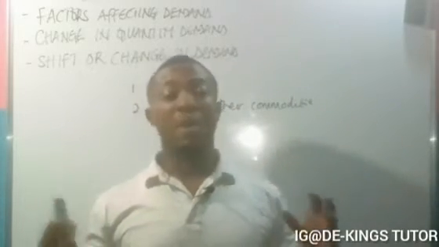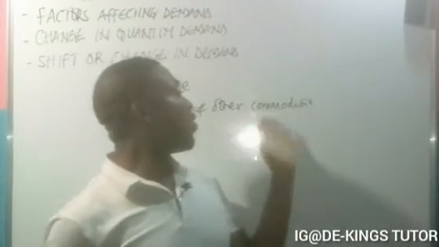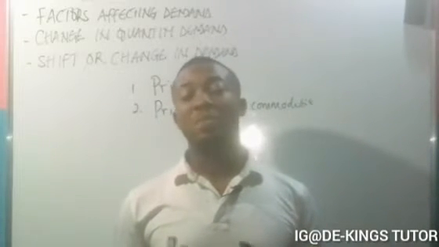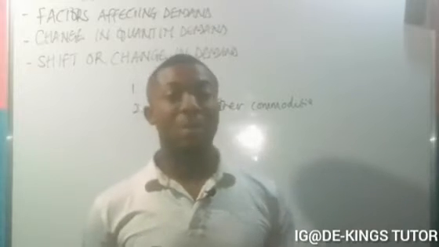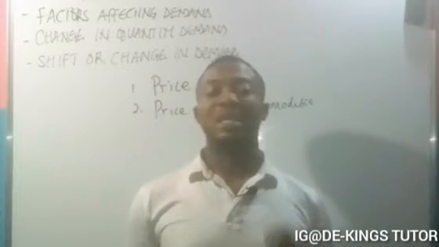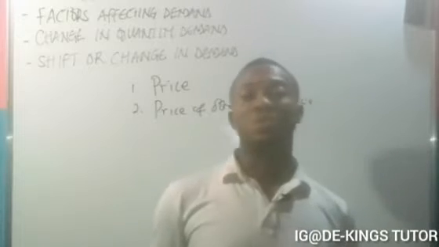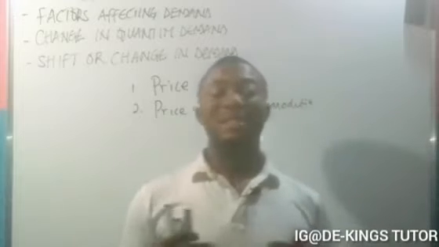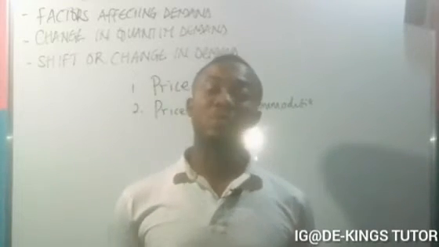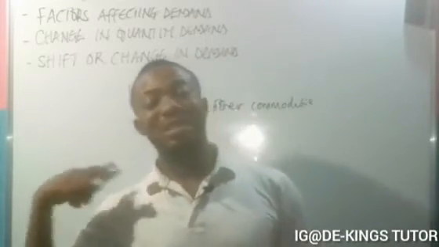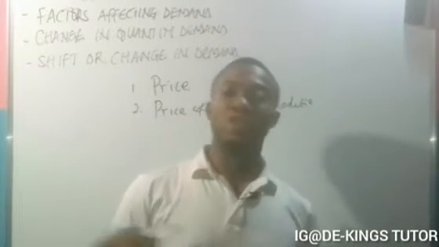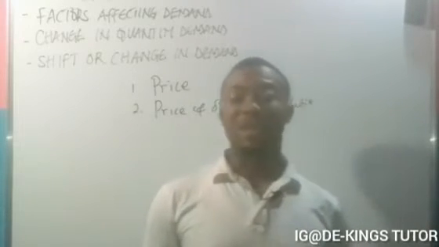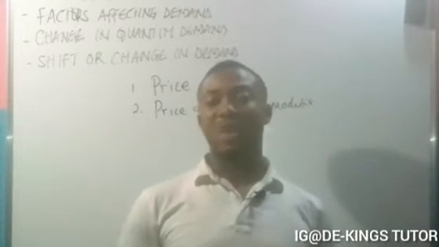When we were talking about the types of demand, we made mention of competitive or substitute demand, which is demand for close substitutes. If there's an increase in the price of a substitute product, it will lead to an increase in demand, that is, people will start switching. So the price of other commodities is one of the factors that affect the demand of a particular commodity.